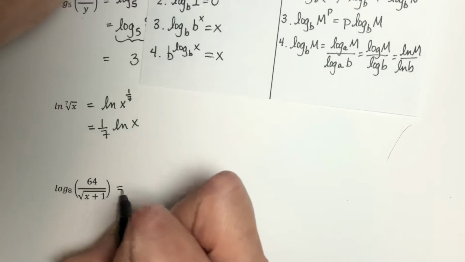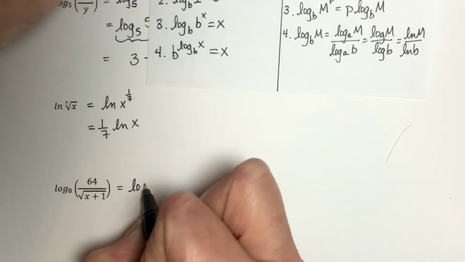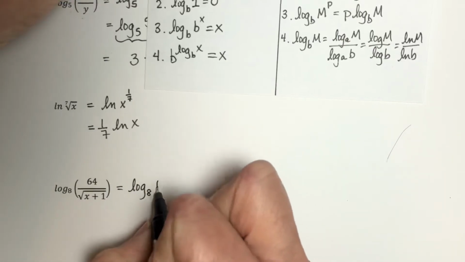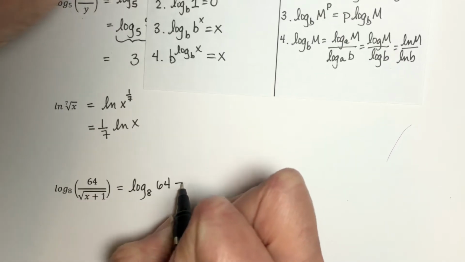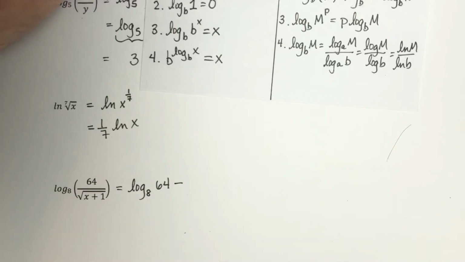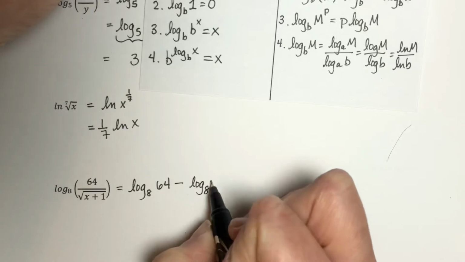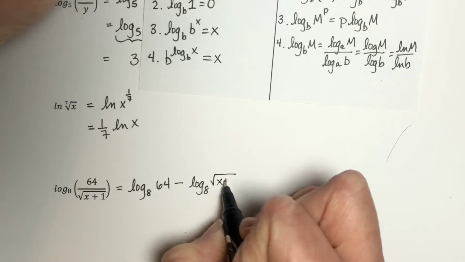So this is the same thing as log base 8 of the top one, so 64, minus, because it's a division, log base 8 of the square root of x plus 1.